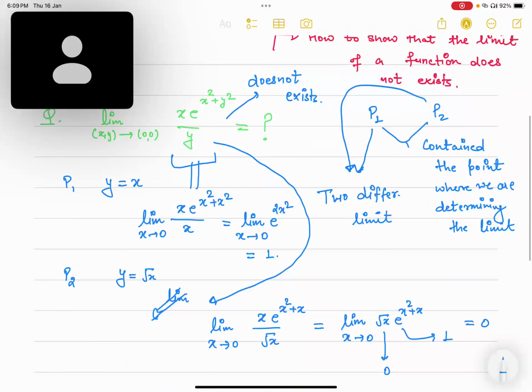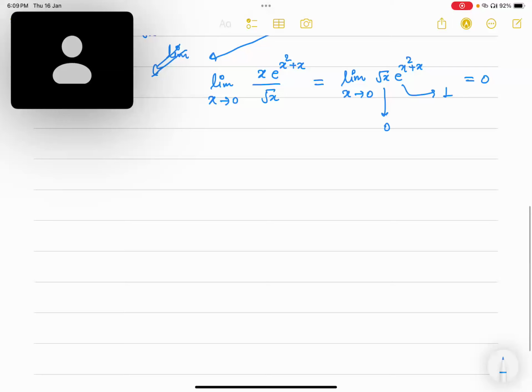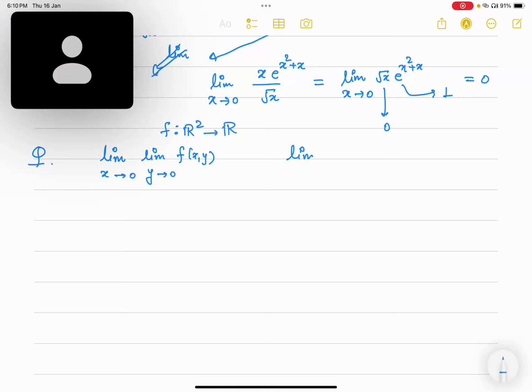At the end of the last session, we were doing this type of question. Let me put one more question here. Suppose you want to calculate this type of limit: f is a function from R² to R, and I'm calculating the limit as y tends to B of the limit as x tends to A of f(x,y).